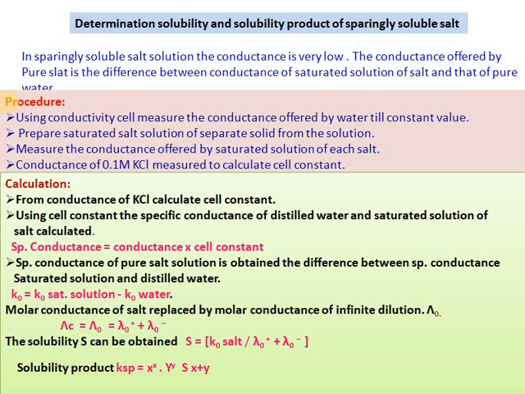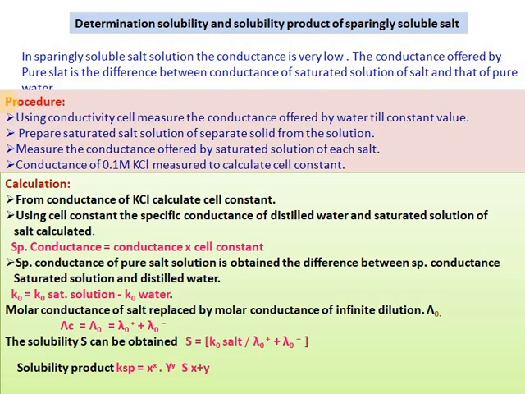Then the molar conductance of the salt is replaced by the molar conductance at infinite dilution, that is, the limiting molar conductance lambda 0. Therefore the molar conductance lambda c, replaced by limiting molar conductance lambda 0, is equal to lambda 0 plus plus lambda 0 minus.